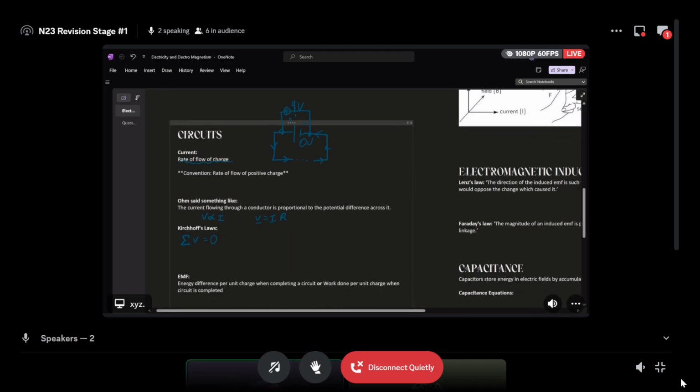So if we're given 9 volts at the start, that must equal, say we have a component here and another component here, and we'll call this R1 and R2. 9 volts will be equal to the drop across the first component plus the drop across the second component. And this is an example.